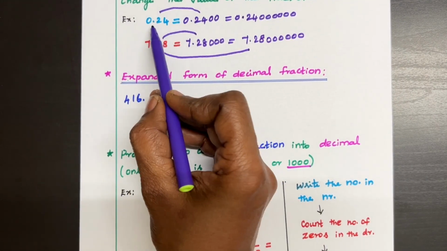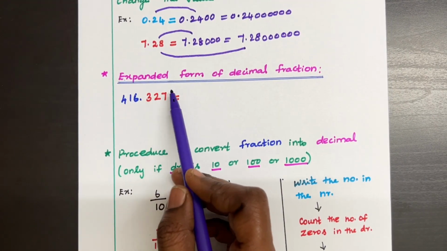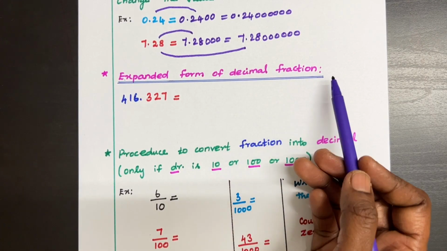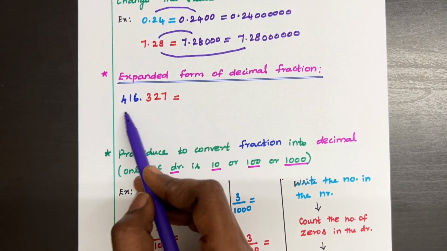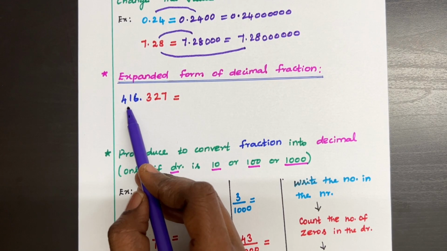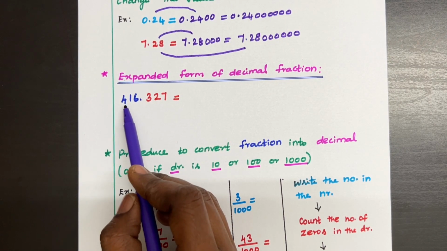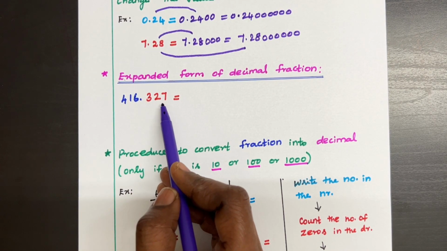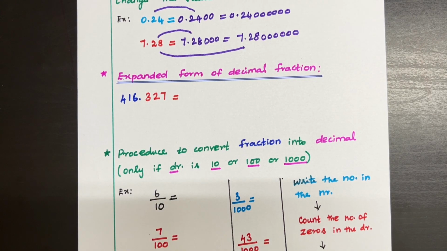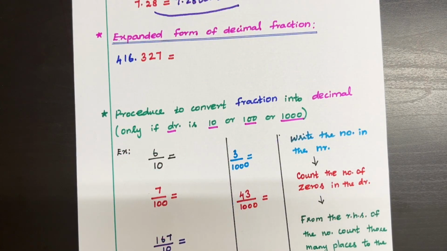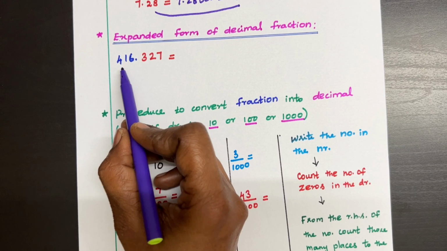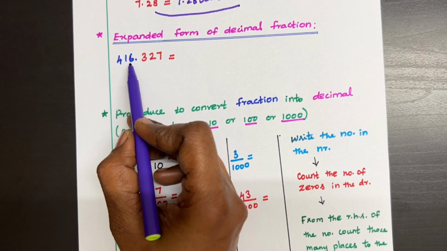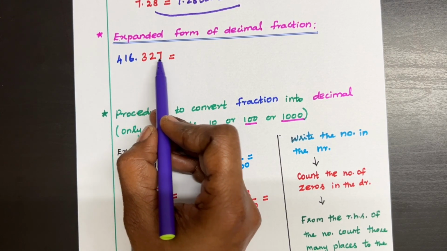Now, expanded form of a decimal fraction. How to expand? We know the expanded form for the whole part. So this is the decimal part. How to do the expanded form of a decimal fraction? See, we have the number here, 416.327.